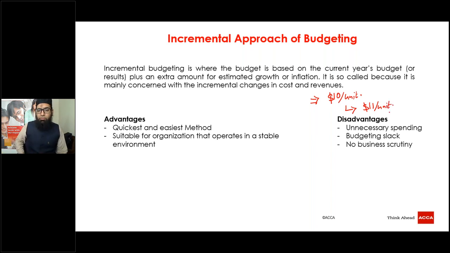So I have overestimated the cost. With that, even if I buy the component poorly, even then I would have sourced it at, suppose, $10.8. But even then my performance seems to be good, seems to be okay, although I have performed poorly.